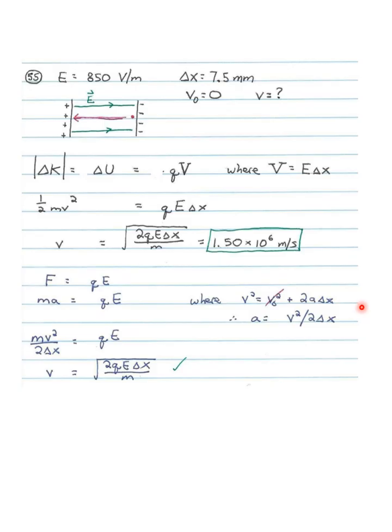V squared equals V naught squared, which is 0, plus 2a delta x. We solve for acceleration, which is V squared over 2 delta x. Take that value for a, plug it into this equation. Now we have mv squared over 2 delta x is QE. Solve it for V, and you notice we get the same value for V as we did up here in the middle of the page.